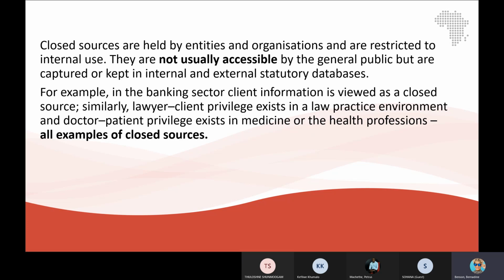What they will look at is that the public interest in disclosing the information has to outweigh the public interest to keep that information confidential. It's not a decision they take lightly. So they really look at all the pros and cons before they release such information.